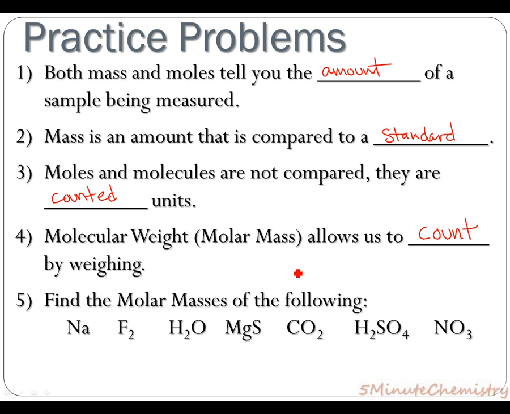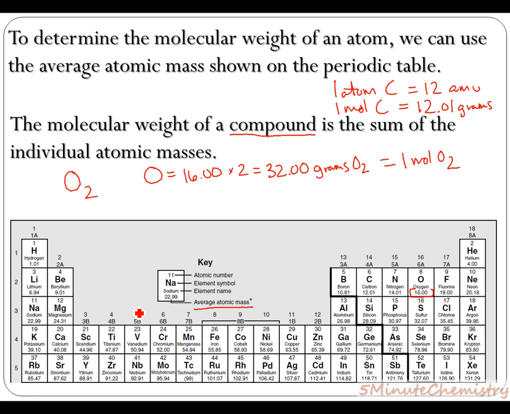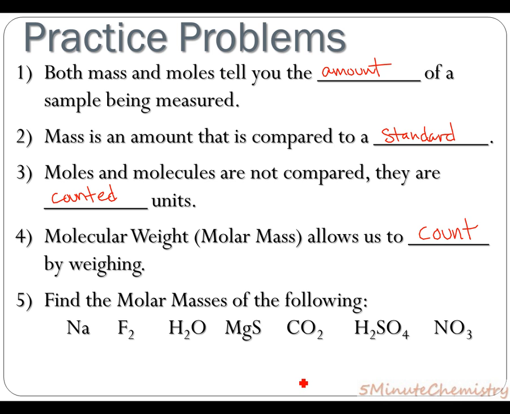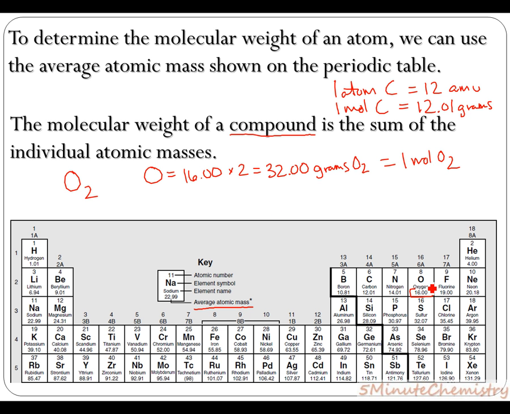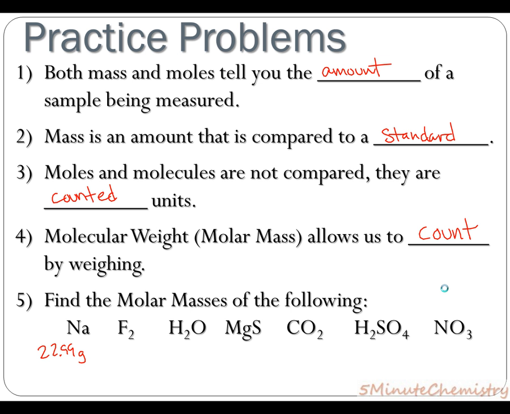So what I will have you do is think sodium to start. Sodium, if you look back on the table, you see it is 22.99. So the molar mass in terms of grams would be 22.99 grams. F2, we're going to look at our fluorine. 19.00 is the mass. So we have to take our 19.00 times 2 gives 38.00 grams in an F2 molecule.